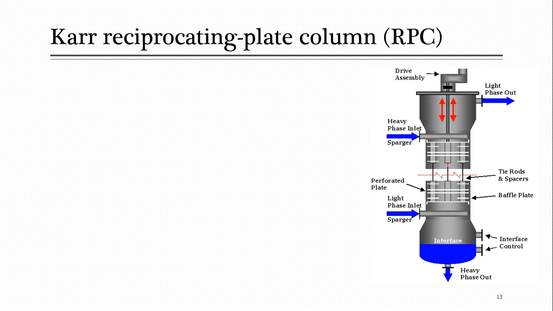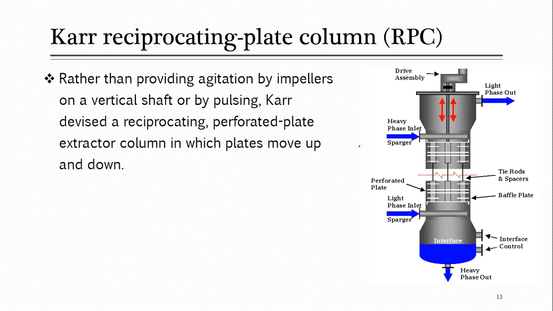So there are certain advantages of this system, and this was some of the latest technology inside industry. Why do we go for this? Rather than providing agitation by an impeller on a vertical shaft or by pulsing, some scientists devised a reciprocating device, and that reciprocating device consists of a perforated plate extractor.